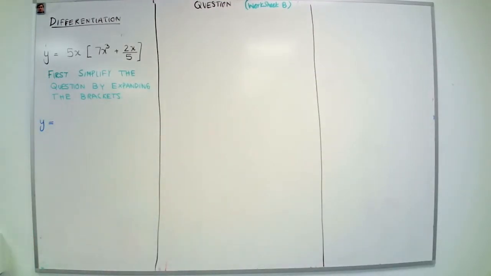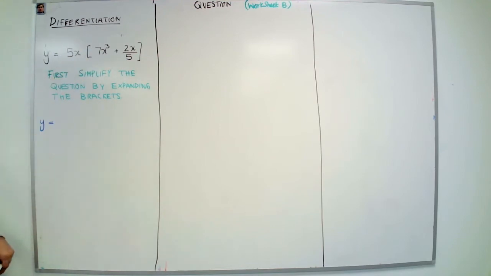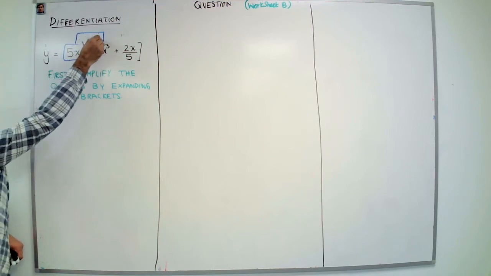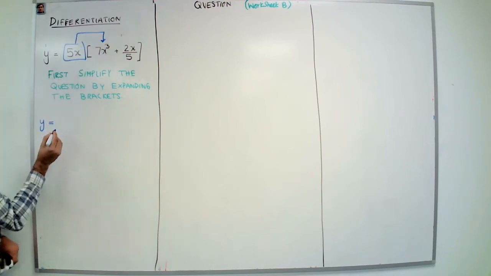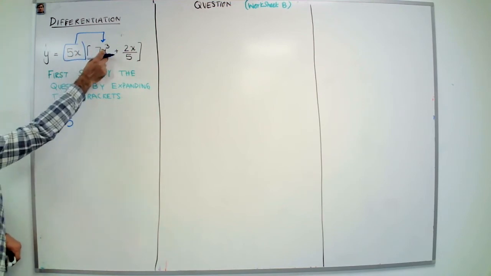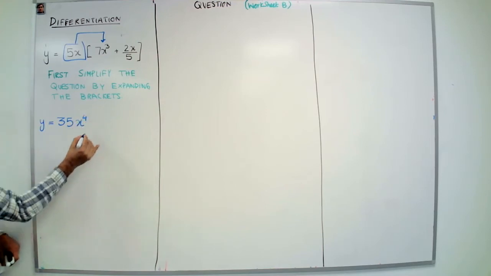Now, if we got a question like this, y equals 5x, bracket 7x squared plus 2x over 5, there are two things that are multiplying. First, we need to expand the brackets. So 5x multiplied by this. 5 times 7 is 35, and x times x cubed is x to the power of 4.